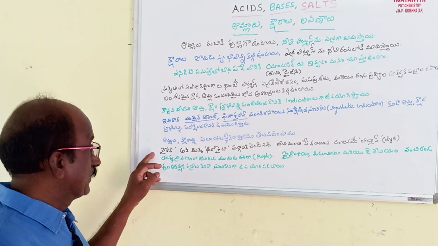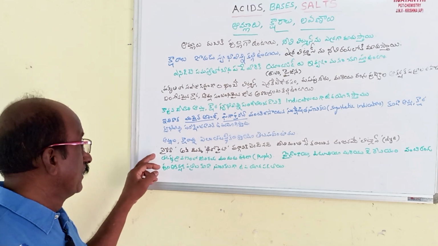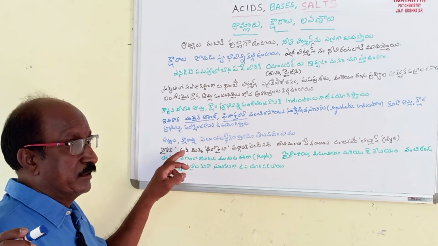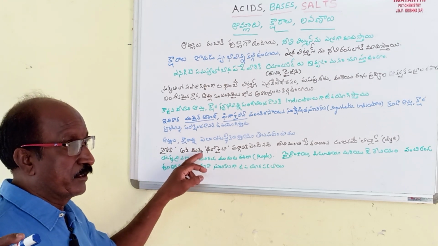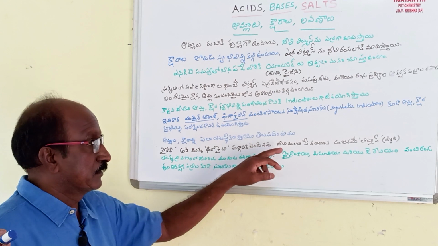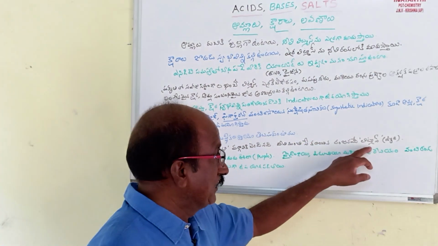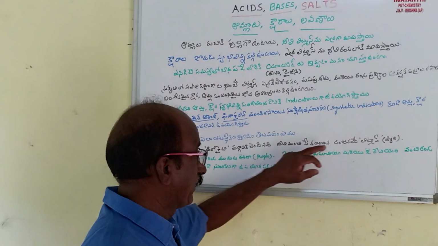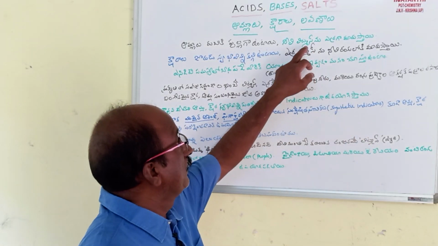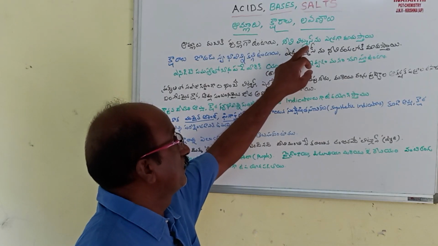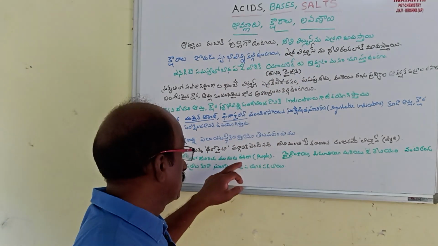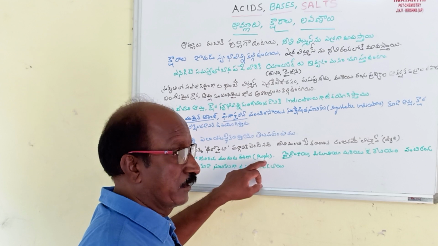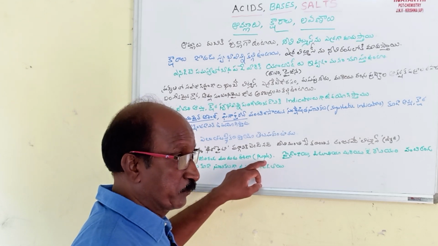Actually, the word litmus comes from lichen. Lichen is a Thallophyta category plant. This litmus is the solution collected from this kind of plant only. The color of litmus is purple.